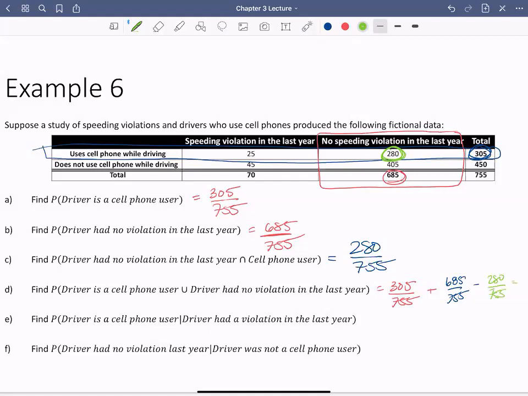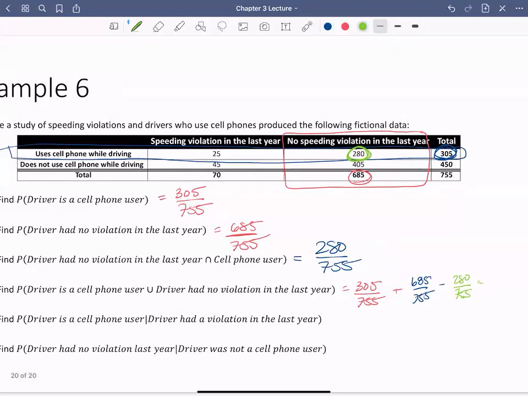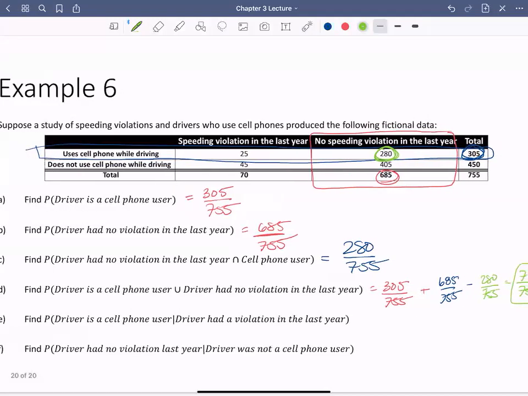And then I can add all that together, and that's going to give me 710 over 755. If I don't subtract the 280, I end up with a number larger than my total, and that's not possible. Does that always happen when adding? No. Sometimes that's not a good flag to look at. But in this case, it did happen.